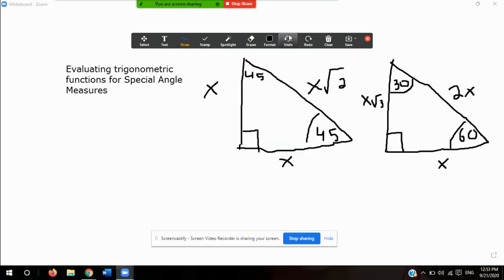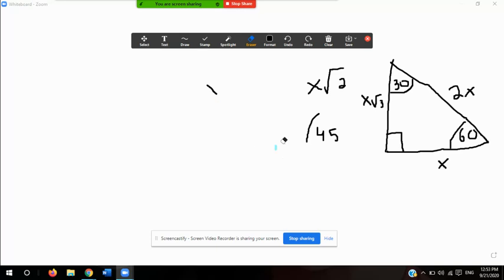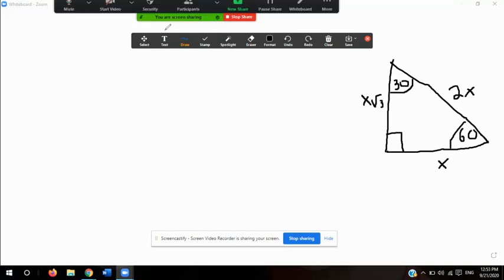I'm going to go ahead and erase the 45-45-90, and then let's work with the 30-60-90, which is on page 35 of your textbooks. Again, we have our 30-degree angle here, our 60-degree angle, our square root of 3, and our hypotenuse, which is 2 times x.